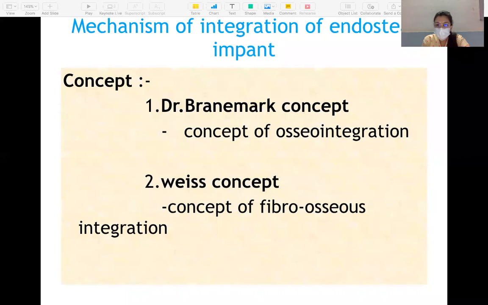And the Weiss concept, which was fibro-osseous integration, did not become much popular, but is also one of the concepts of explaining how a foreign body, which is the implant, is accepted into the jawbone or your alveolar bone.